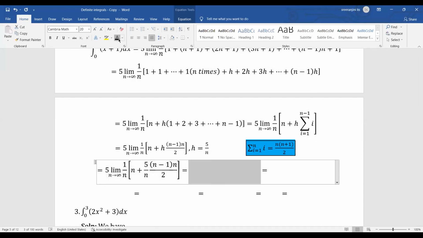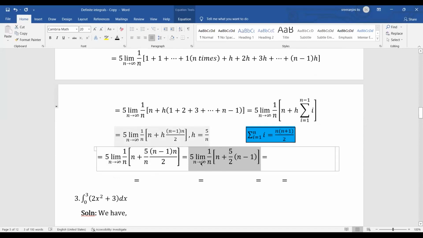Then what will be the simplified form? 5 into limit n tends to infinity, 1 by n, n into 5 by 2, then this n and this n will get cancelled, 5 by 2 into (n minus 1). Again simplifying: 5 into limit n tends to infinity, 1 by n, n plus 5 by 2 n minus 5 by 2.